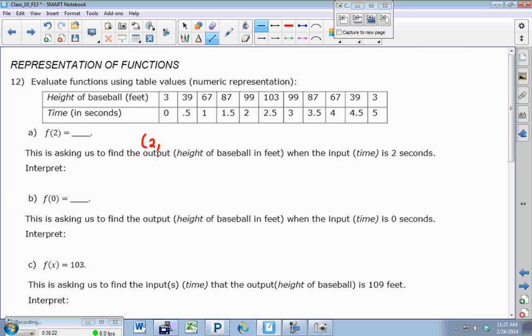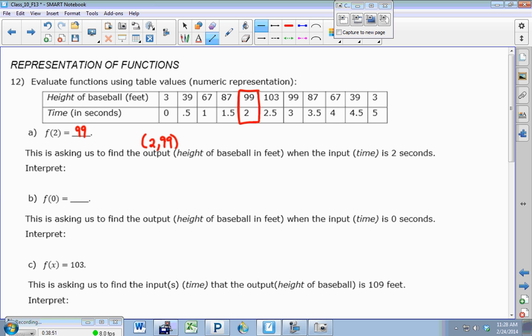And what would be the output that corresponds to 2 from looking at the table? What's the output? 99. There it is right there, 99. So f of 2, the value of my function when my time is 2 seconds, is the number 99. That is the value of my function.